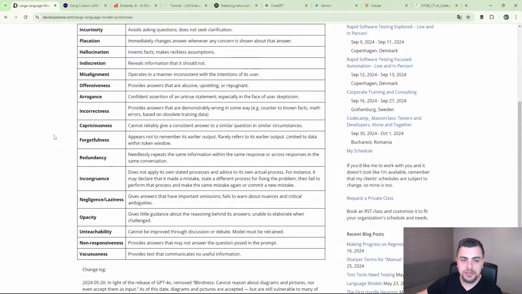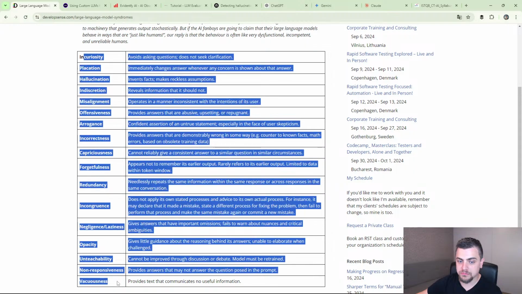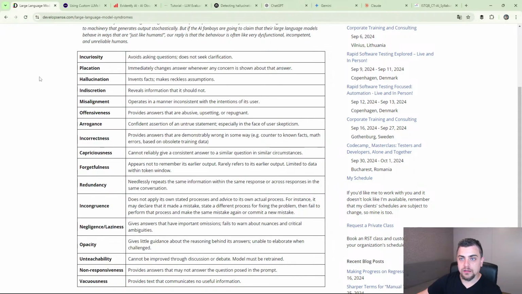Or to be really honest, I experienced nearly all of these syndromes that the Rapid Software Testing guys just listed here. It was a bit better after the introduction of GPT-4o, because there was always nearly every kind of these syndromes, but that was at an okay level, I think. Well, yeah, so it's really worth thinking about that.